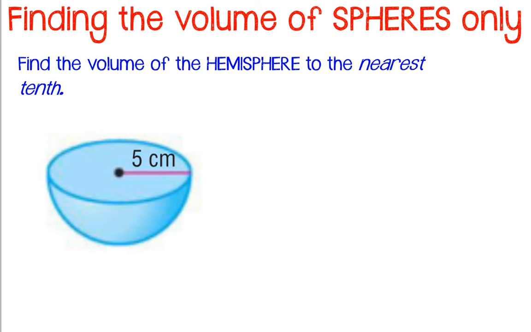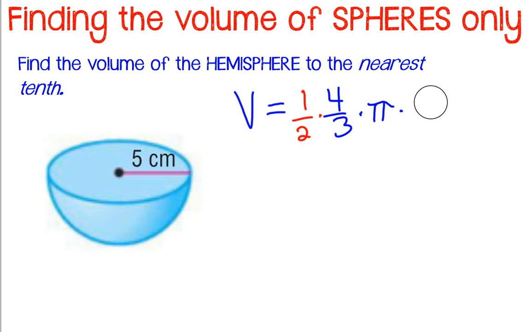Find the volume of the hemisphere to the nearest tenth. Well, if the volume of a sphere is 4/3 times pi times r cubed, then the volume of a hemisphere would be timesed by half. Still pretty simple. I'm just going to erase this letter r, and I'm going to replace it with my radius.